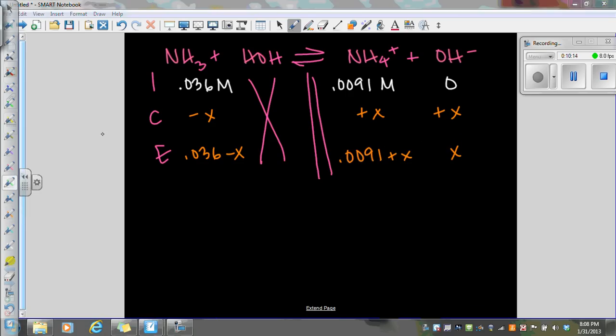However, because I have the weak base and its conjugate acid, I can use Henderson-Hasselbalch.